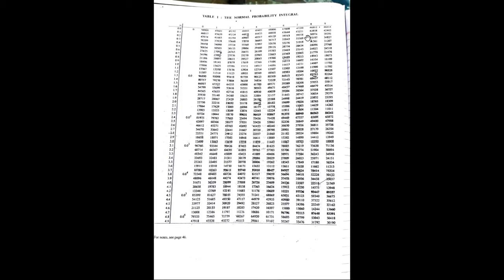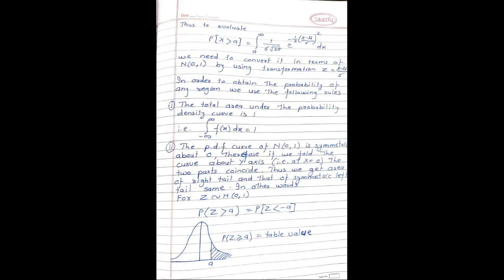Now we will see some properties of normal distribution again. To evaluate probability x greater than a, which is the integral from a to infinity of 1 upon sigma root 2 pi e raised to minus 1 by 2 times x minus mu upon sigma squared dx, we need to convert it in terms of normal 0, 1 by using the transformation z is equal to x minus mu upon sigma.